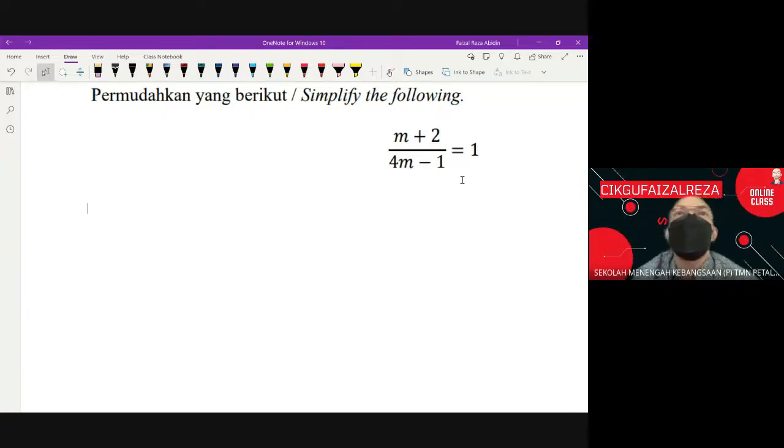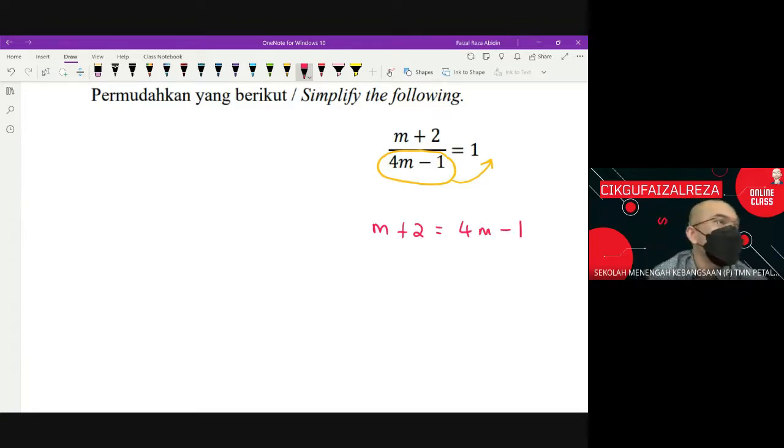So what should I do? So means that I'm going to bring everything here is going to be divide, isn't it? So what should I do? I'm going to bring to that side, to the right side, is going to be times. Times with 1 means that is going to be m plus 2 equals to 4m minus 1 back.